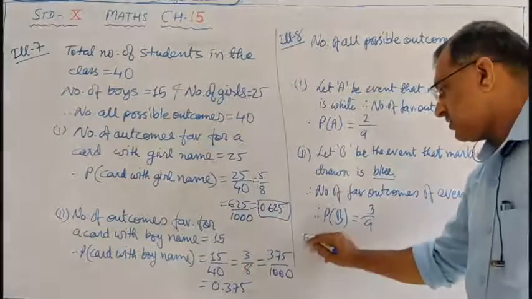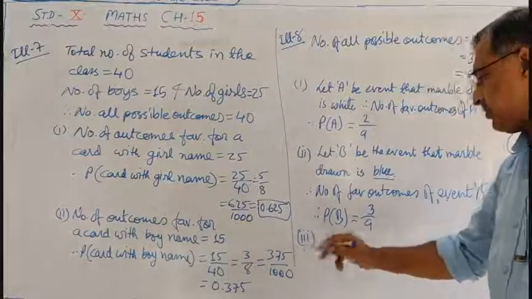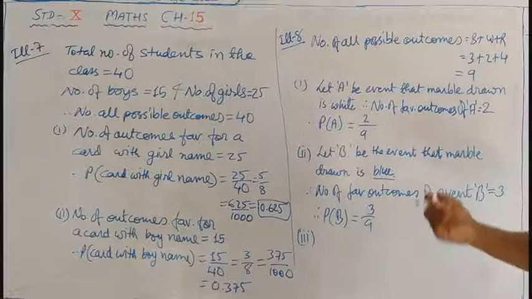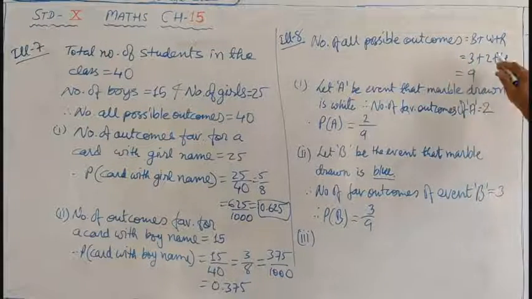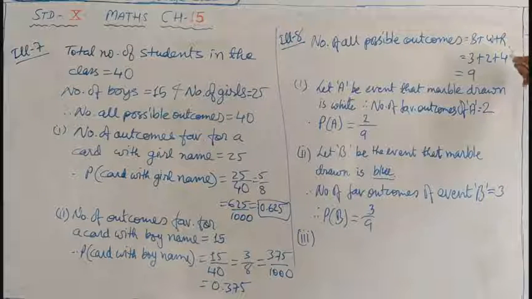Then the third question, in the same way we can proceed, but in another way also we can solve. Let C be the event that the ball drawn is red, and therefore number of favorable outcomes for red ball is 4. So 4 by 9 will be the probability.